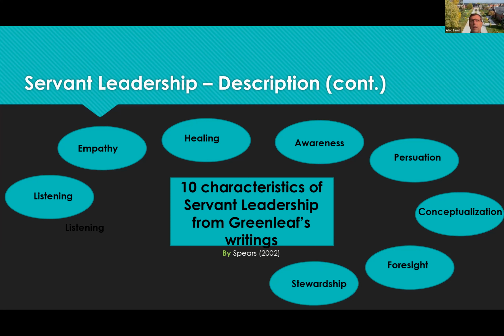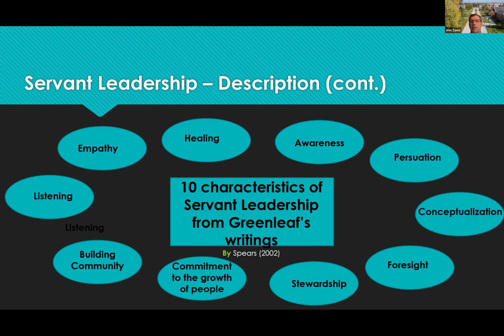Stewardship is another element of servant leadership. Here we're saying that servant leaders have the responsibility to take care of what's entrusted to them in terms of resources. And servant leaders have a commitment to the growth of people. Going back to his idea of putting others first, they have to be committed to helping followers grow and succeed through coaching, mentoring, and empowering.